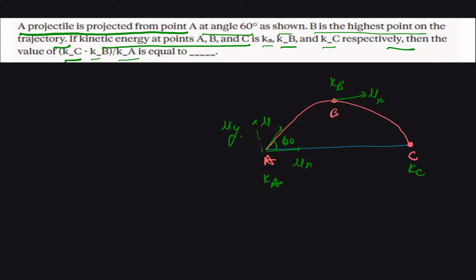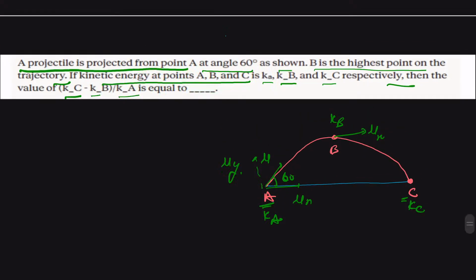Because A and C are at the same level, by conservation the speed of launch at A should be equal to the speed of landing at C. So we are interested in ux. ux will be equal to u cos 60, so this comes as u upon 2.